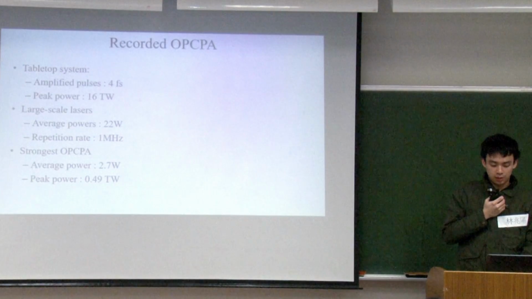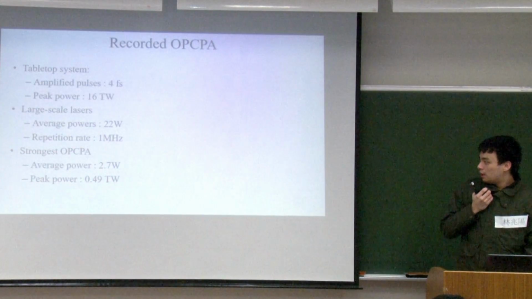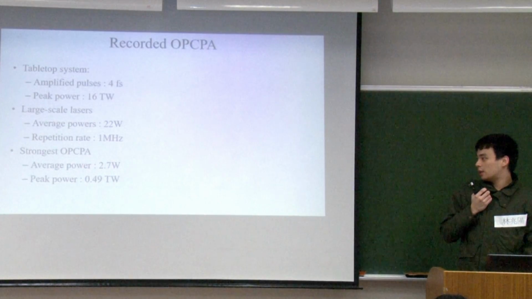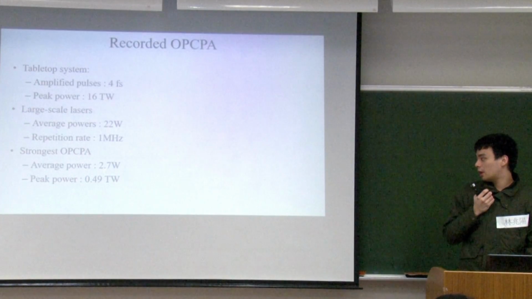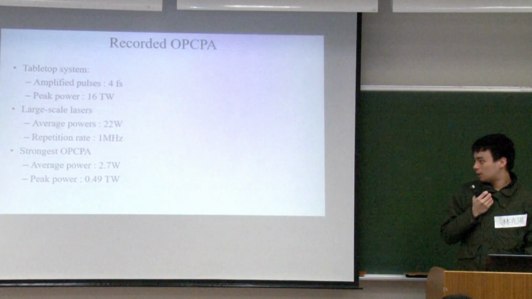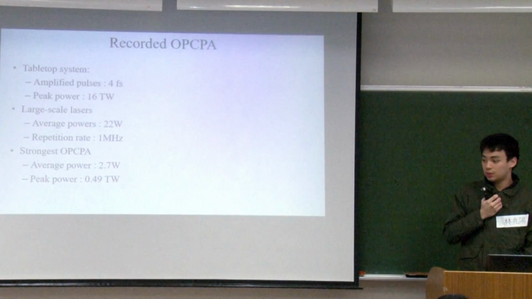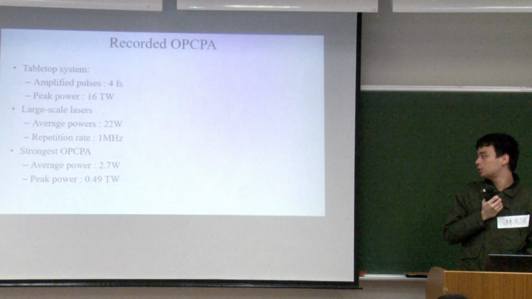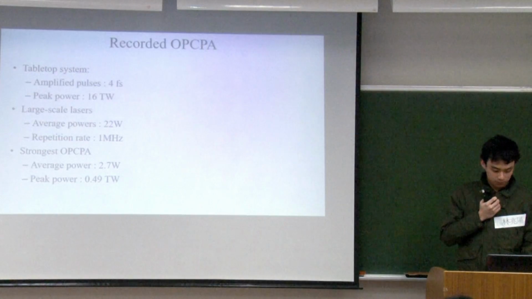Here are the recorded OPCPA system performances listed. And as you can see, even the strongest OPCPA system does not satisfy our requirement for the third generation FST. So only if a stronger amplification system is established are we able to build our third generation FST system.